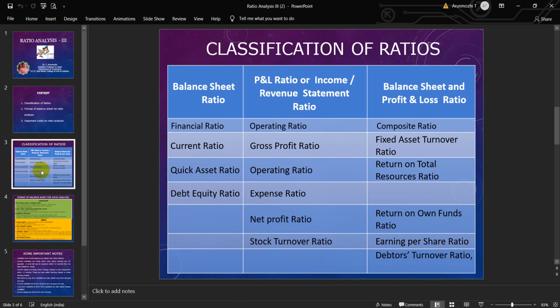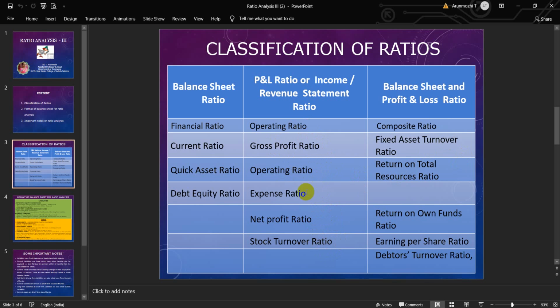It is classified into balance sheet ratio, P&L ratio or income revenue statement ratio, and balance sheet and profit and loss account ratio. In the balance sheet ratio, you get the financial ratio, current ratio, quick asset ratio, and debt equity ratio. With the P&L ratio, we have operating ratio, gross profit ratio, expenses ratio, net profit ratio, and stock turnover ratio.